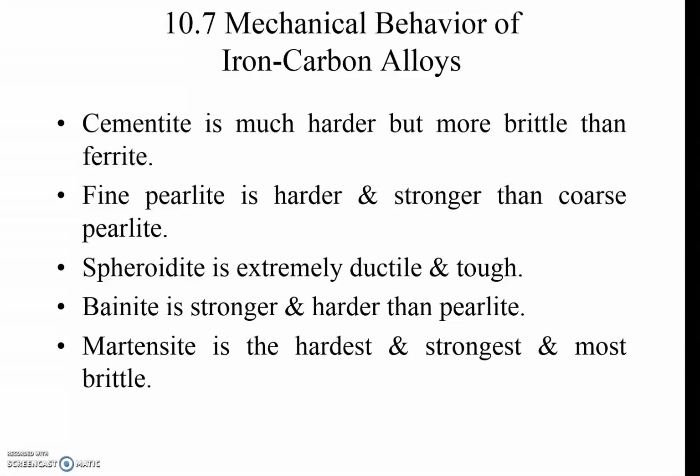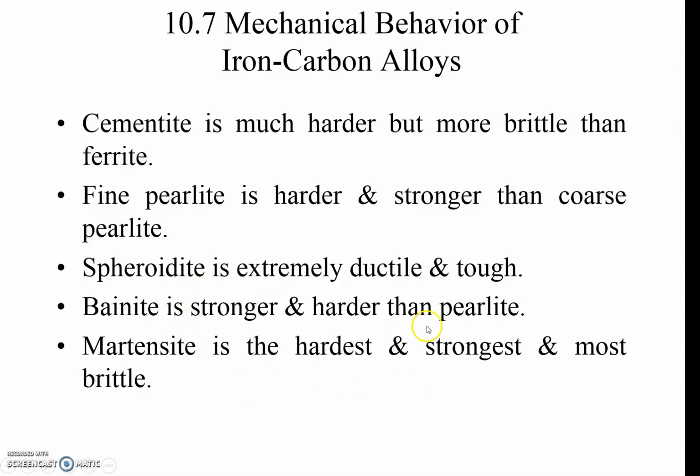Also, with the sphere-like cementite globules that are embedded in the ferrite matrix, you get less phase boundary area per unit volume, which allows for easier dislocation movement, as opposed to, remember, bainite, you had these needle-like structures of cementite embedded in the ferrite matrix. But with spheroidite, as it sounds, these needle-like structures become more sphere-like.